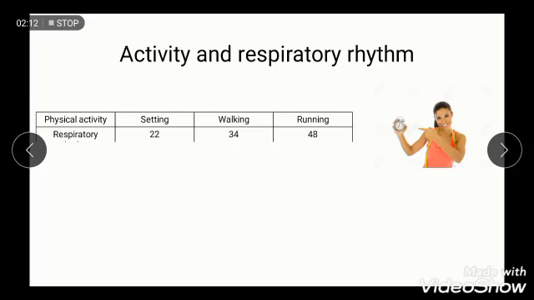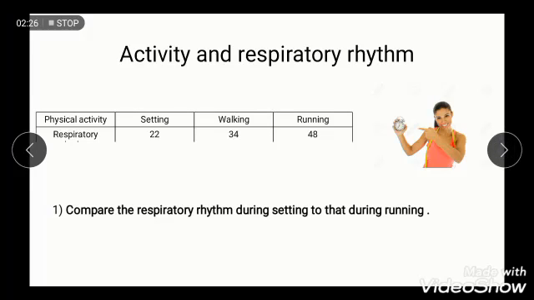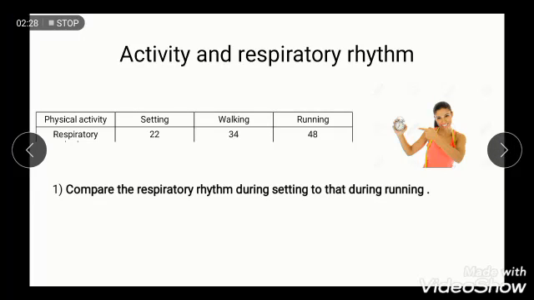Now I did these activities and measured the respiratory rhythm during these three activities, and the values are shown in this table that you see in the video. So let's start by comparing the respiratory rhythm during sitting, when I don't do any activity, and during running.